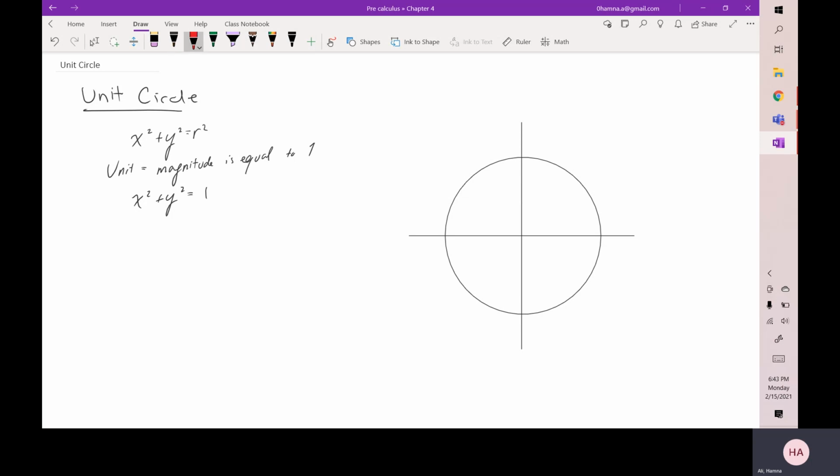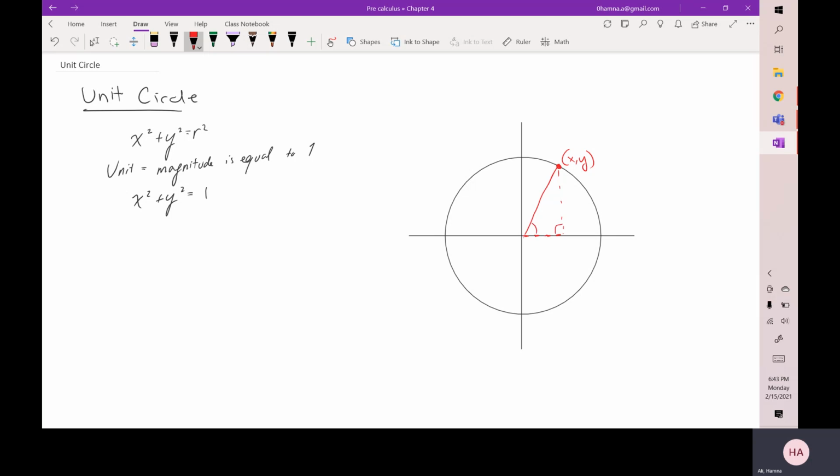So if I look at a point x, y that is on this circle, I can find where my x value is by going out, and I can find where my y value is by going down and projecting onto the x-axis. And I can actually create a triangle that's going to go out to that point.